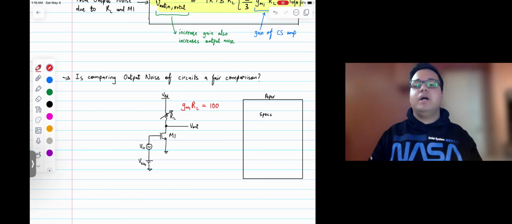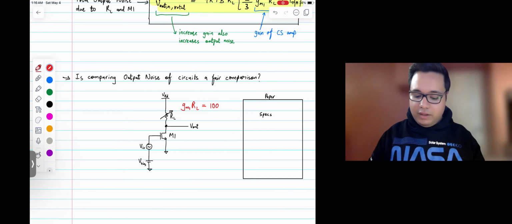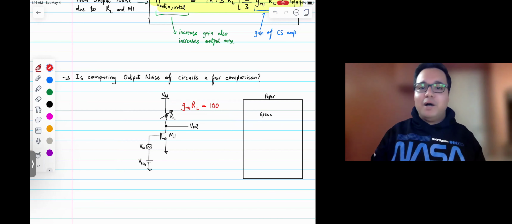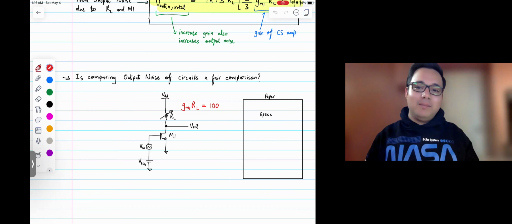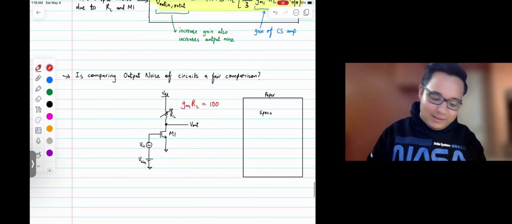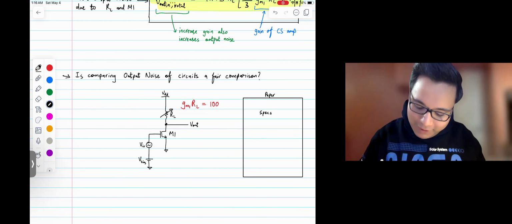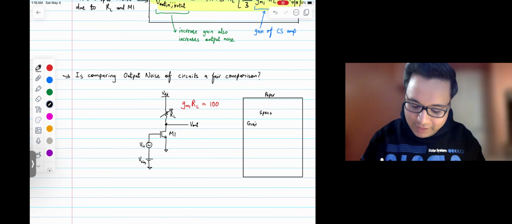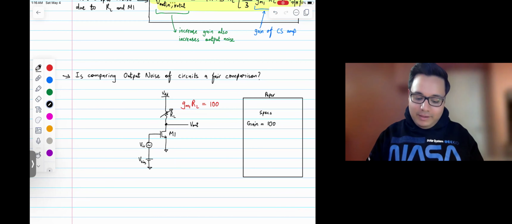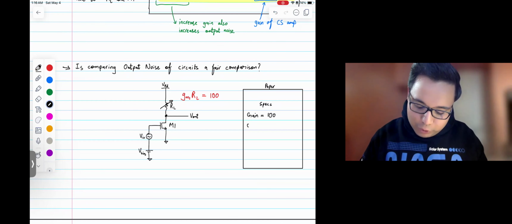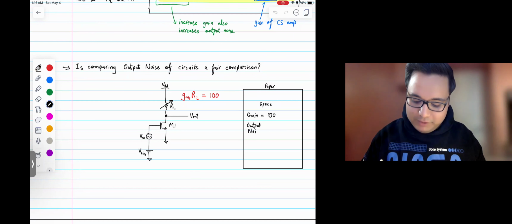And let's say I achieve a gain of 100. Okay, so excellent gain. And then I start writing a paper about this circuit that I have been developing and designing. And in the specs, I can probably write that the gain that I was able to achieve is 100. Very impressive. Now, I also have to report the output noise of my circuit, right?